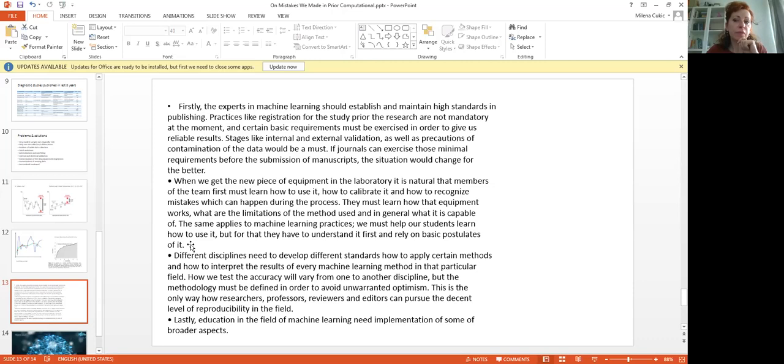Then we are talking about machine learning as a piece of equipment. You have to learn how to use it, how to calibrate it, how to avoid mistakes. And finally, we have to introduce all of that to our students very early on, because they really have to learn and have an idea about the practical usage of their knowledge.